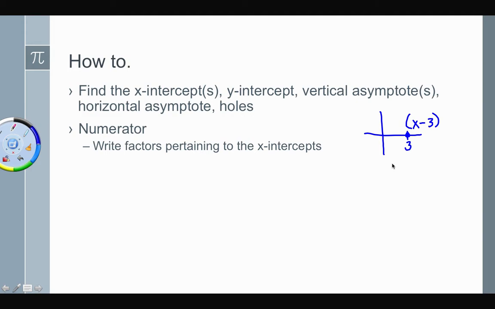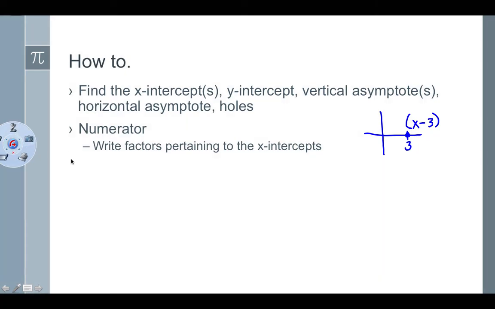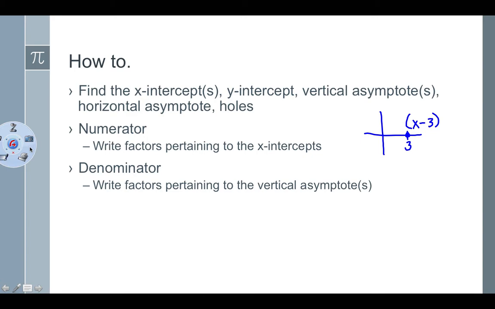It's the same idea that we used when we were looking at polynomial functions in the previous unit. All right, so that's what we're going to be doing with the numerator. For the denominator, we're going to write the factors pertaining to the vertical asymptotes in the same fashion. If our vertical asymptote was here at positive 3, then one of our denominator factors would be x minus 3.